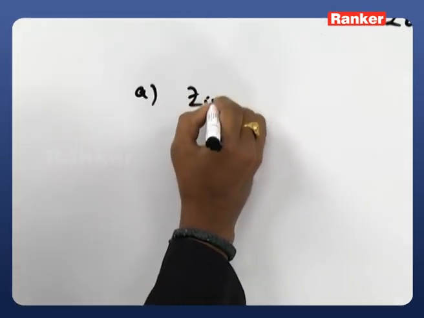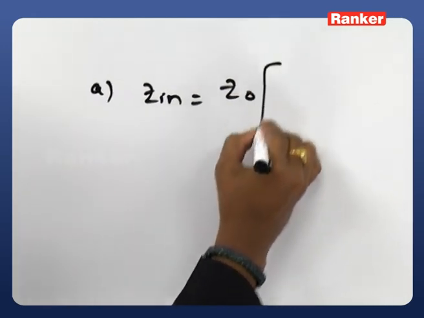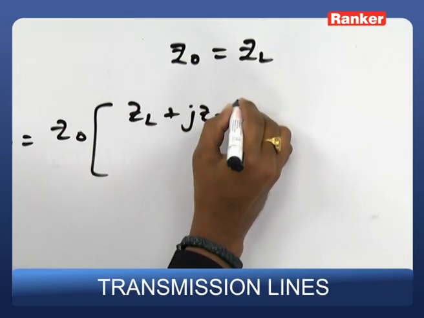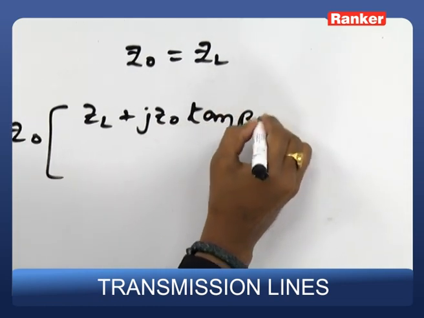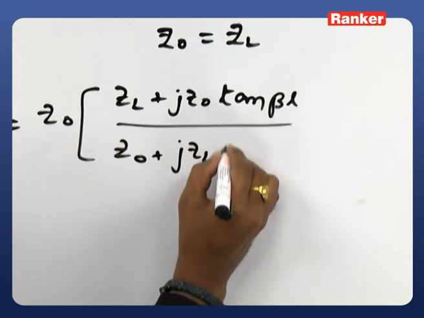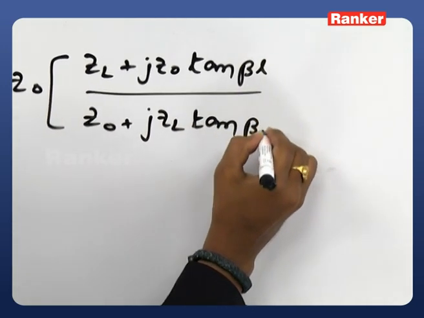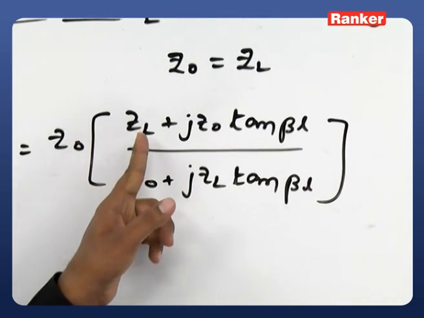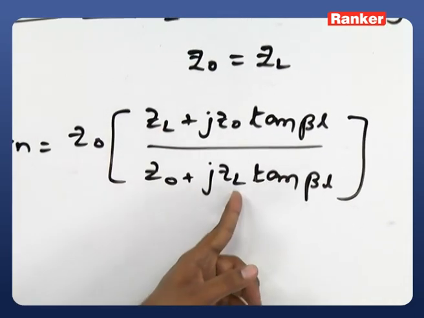What is Zin? Zin is equal to, write the basic equation, Z0 into (ZL plus jZ0 tan βL) divided by (Z0 plus jZL tan βL). Now substitute ZL equal to Z0.